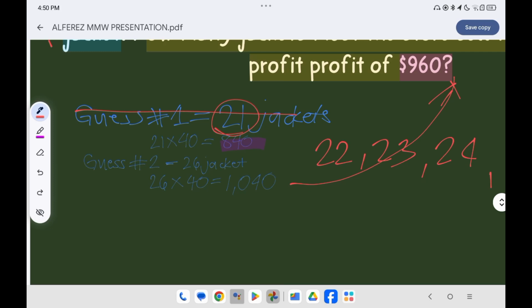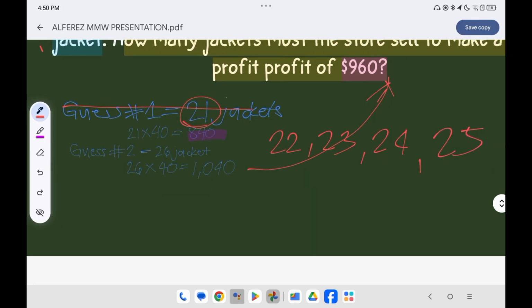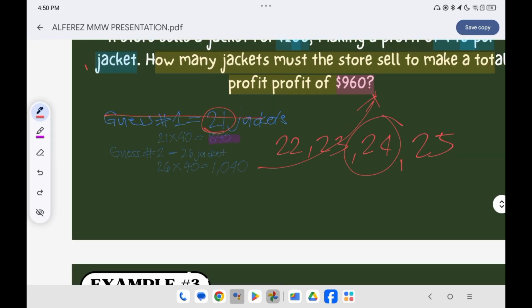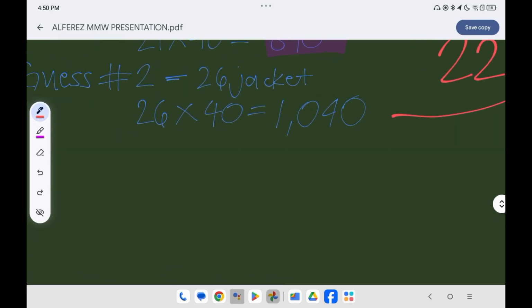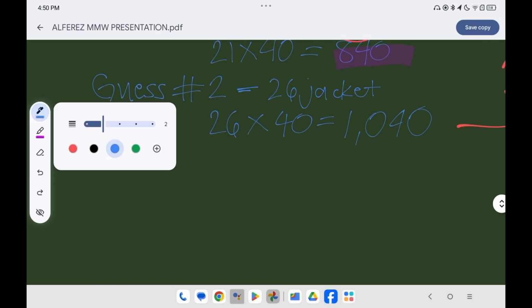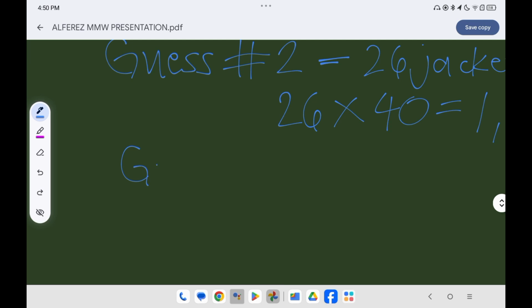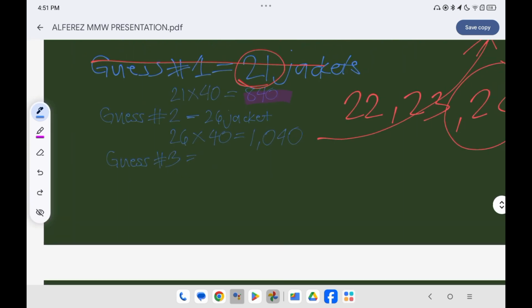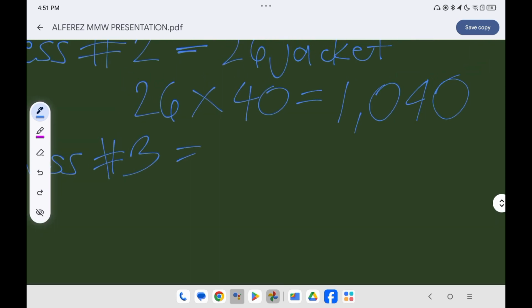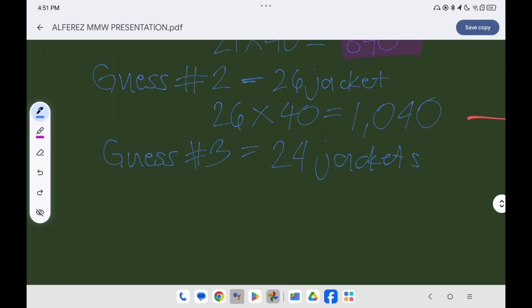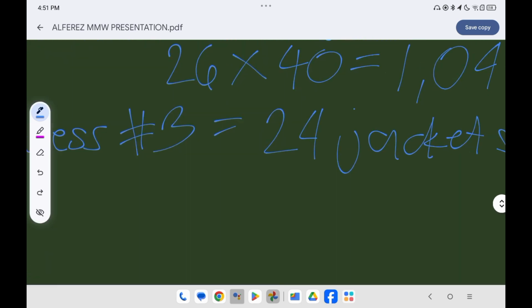So, let's try with 24. Let's try it. So, guess number 3, which is 24 jackets.